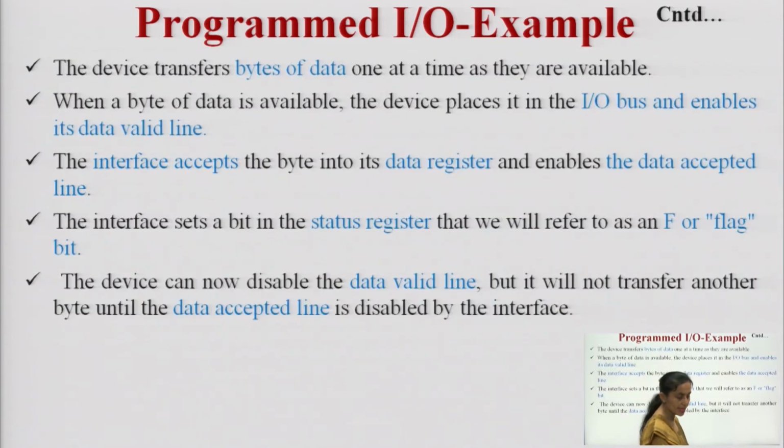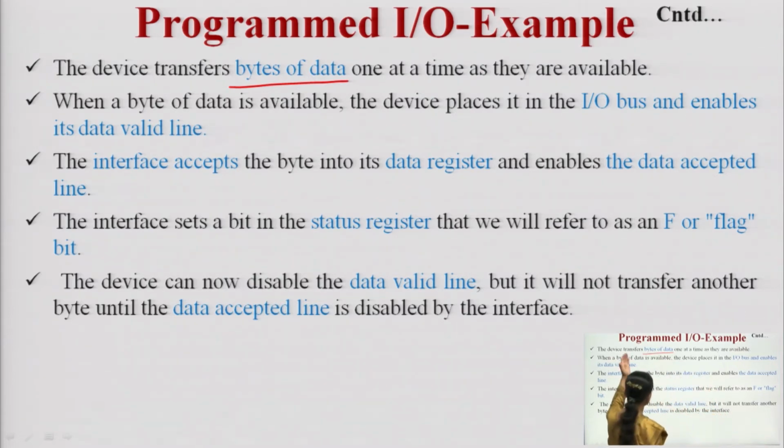So in this case, communication is taking place in both ways. The device transfers the bytes of data, and we have shown the example for 1 byte of data. In this manner all the bytes of data will be sent, and we can see the CPU will always be busy communicating between our input output devices and memory.